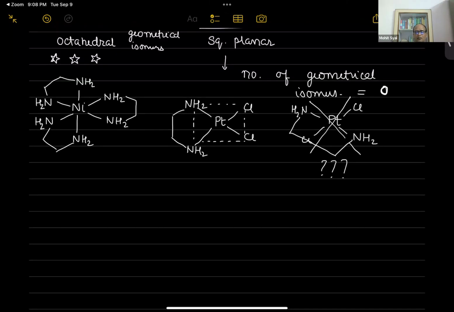Till now it was homoleptic that we discussed. So let's remove one en and put two Cl. So our formula is going to become Ni(en)2Cl2. Got it? Is it clear or not? Yes.